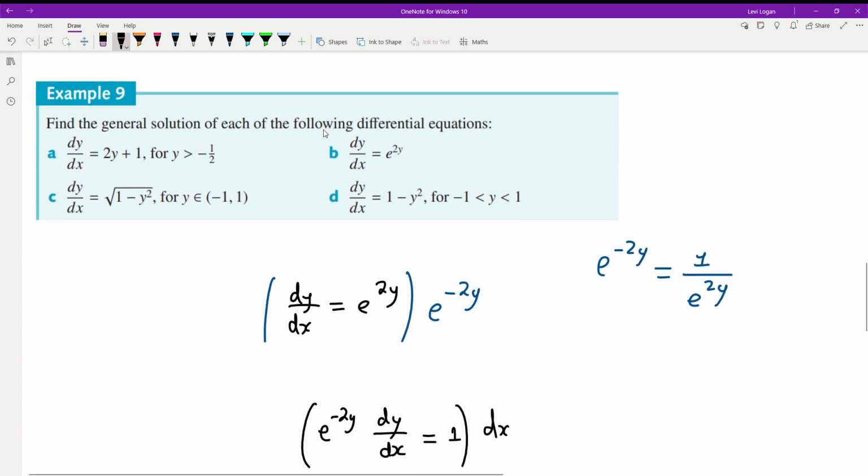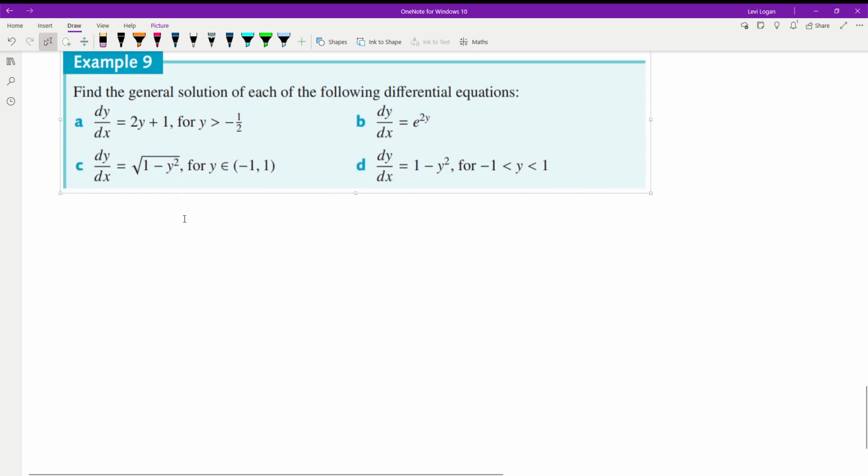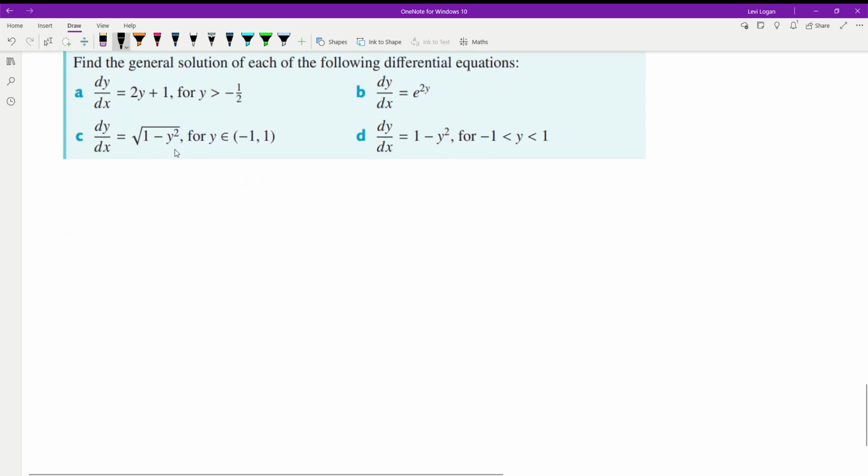Right, let's take a look at C together now. So I'm just going to move that down here. So dy dx is square root of 1 minus y squared. Now this one I can tell is going to be an inverse sine, mainly because of how this is built here.